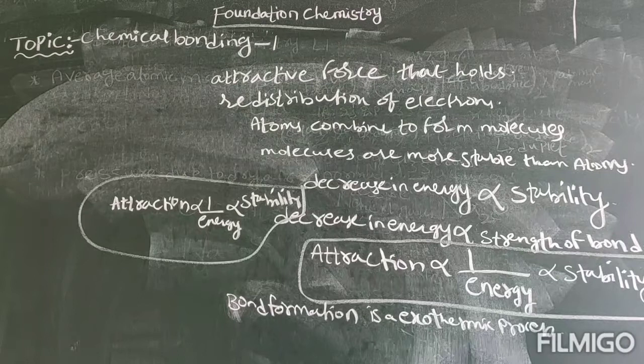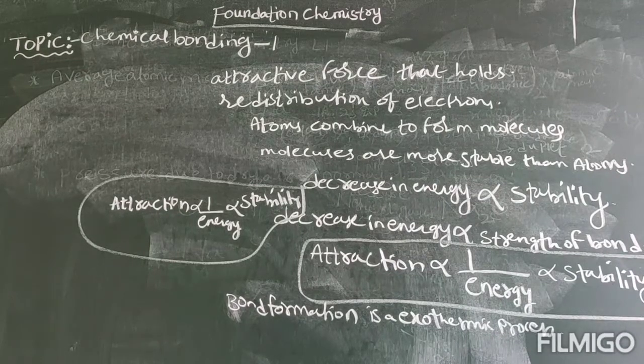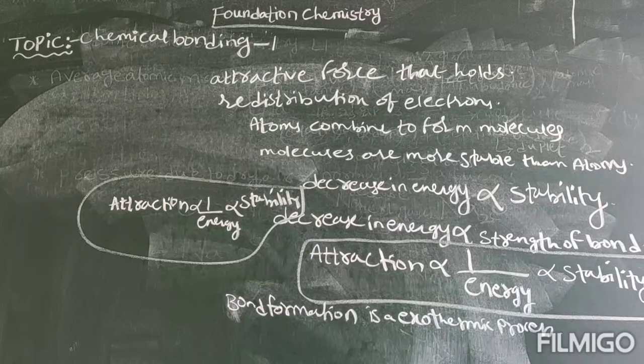Every system tends to be more stable, and bonding is nature's way of lowering the energy of the system to attain stability. The attractive force which holds the constituent atoms together in different species is called a chemical bond. Noble gases are monoatomic. They do not combine either with their own atoms or atoms of other substances. These are unique gases, and Lewis observed that they have 8 electrons in their valency shell.